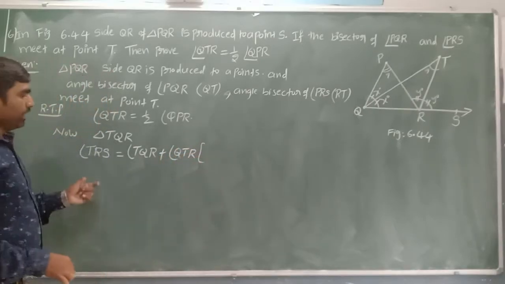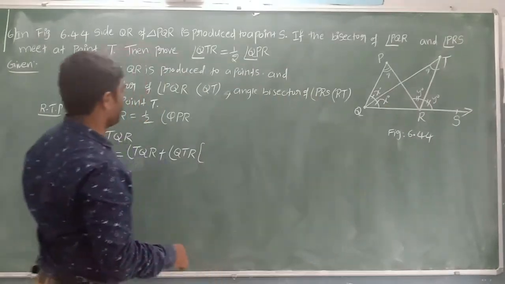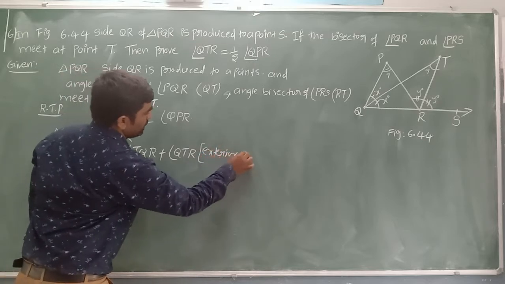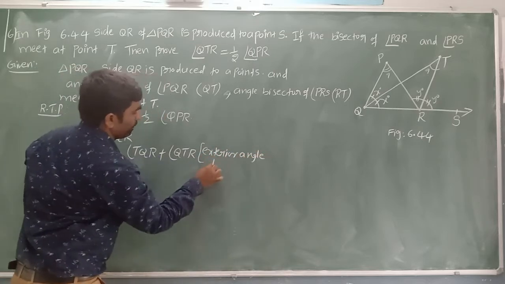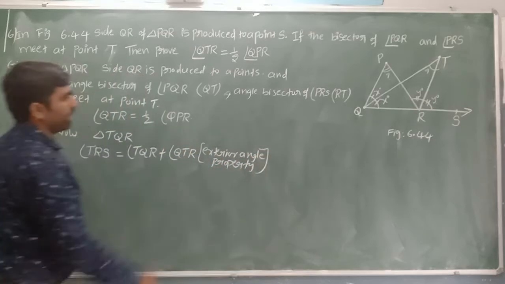What is the reason? Exterior angle is equal to sum of two interior opposite angles. The reason is exterior angle property.